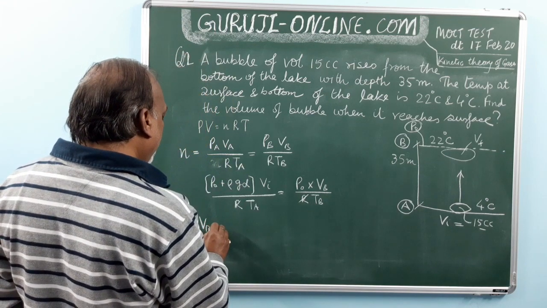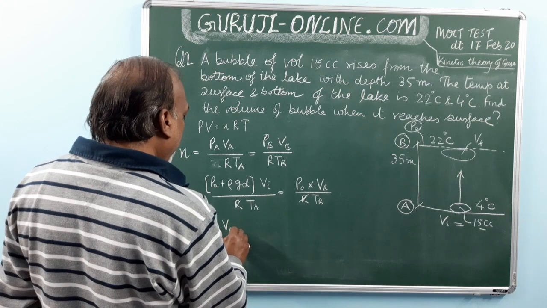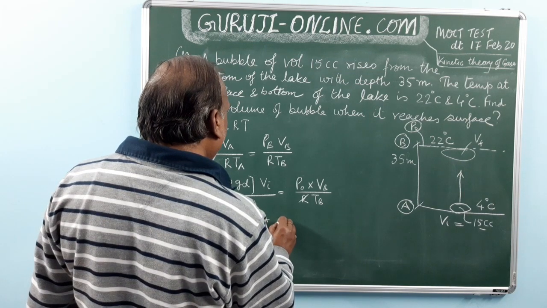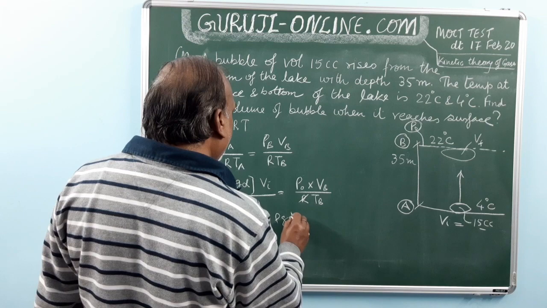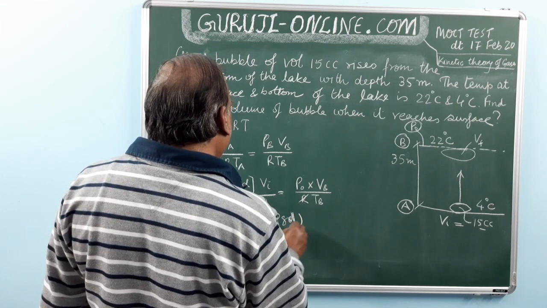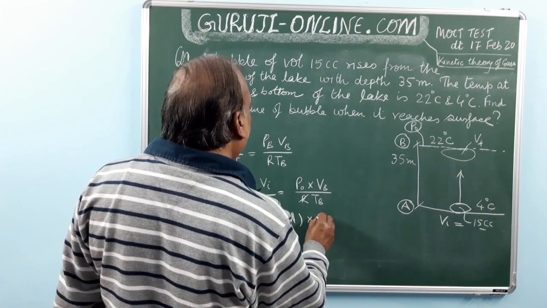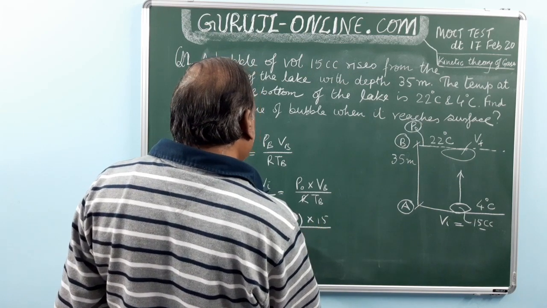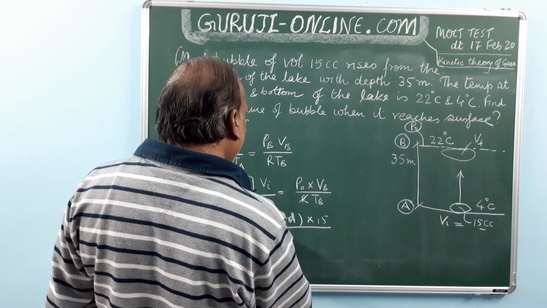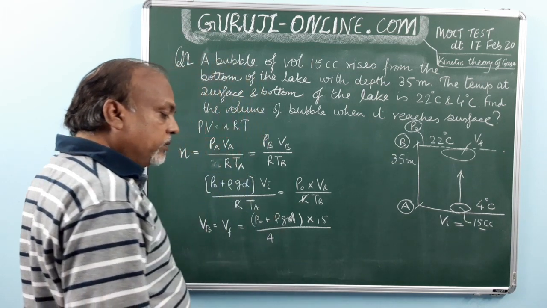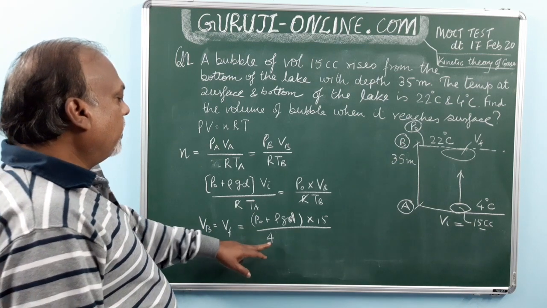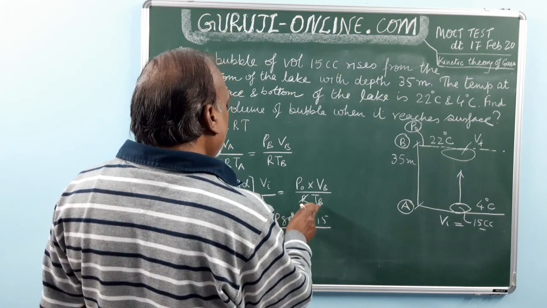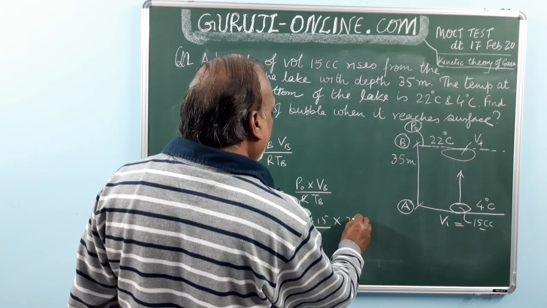Now VD, that is we have to find out VF at the surface will be nothing but P0 plus rho GD into your, this thing is there 15 cc upon TA is nothing but 4 degree centigrade, and this is your TB is nothing but 22 degree.